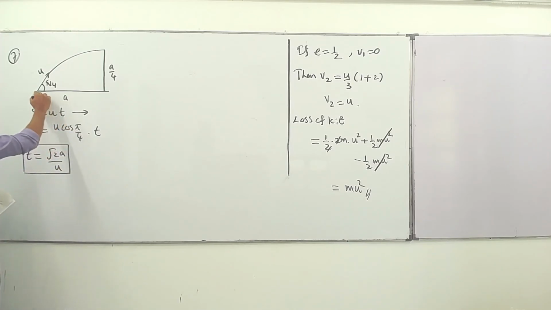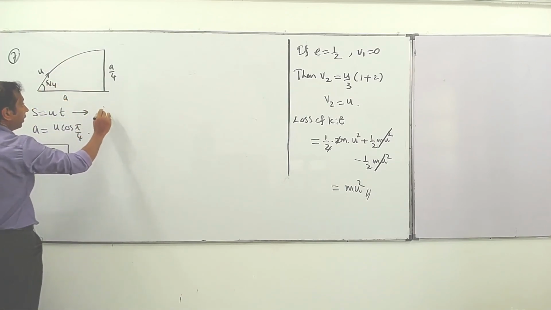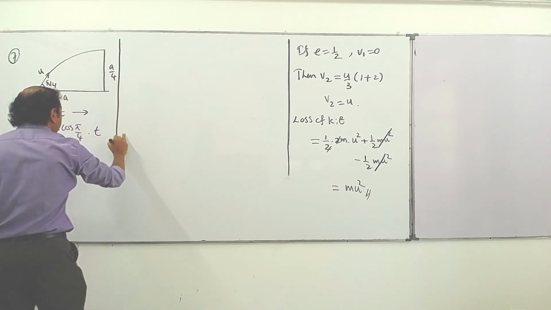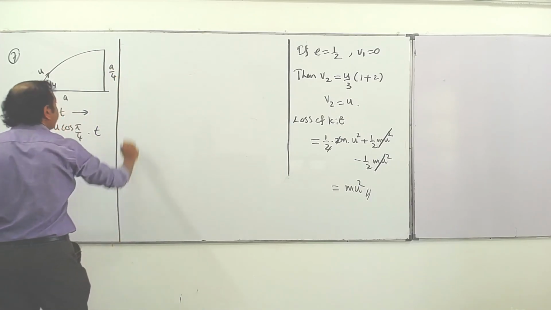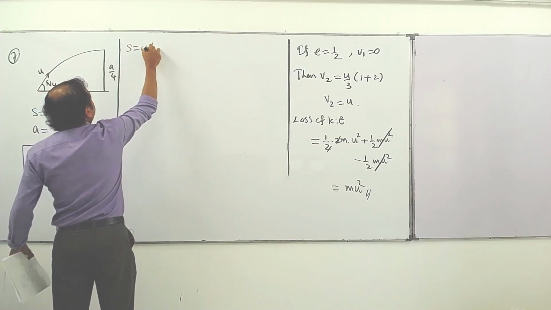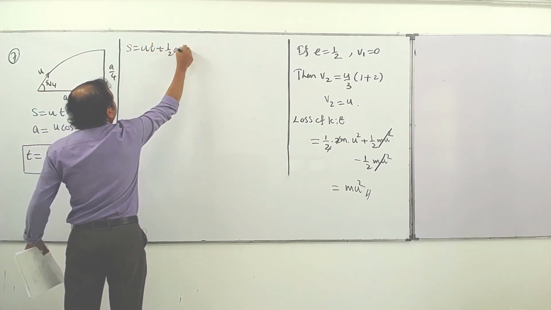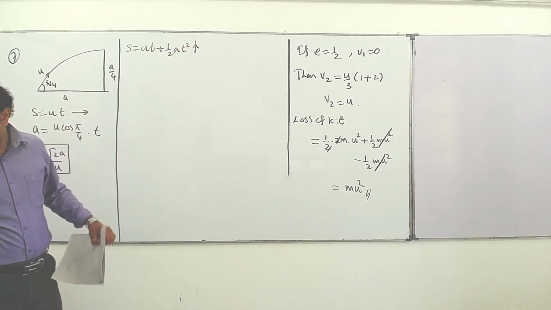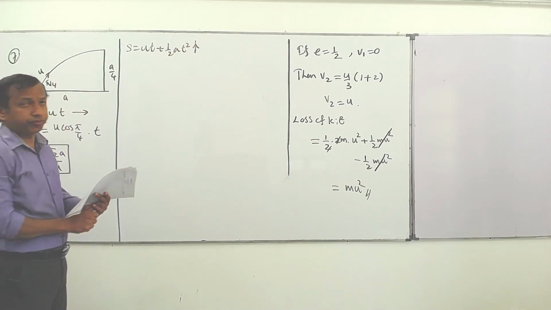Now for this motion from here to here, again I apply s equals ut plus half a t squared for the particle, taking upwards.